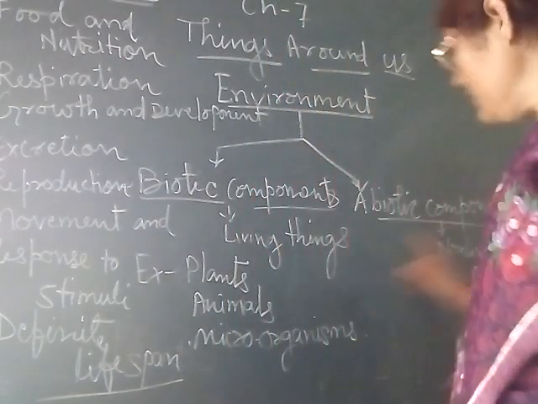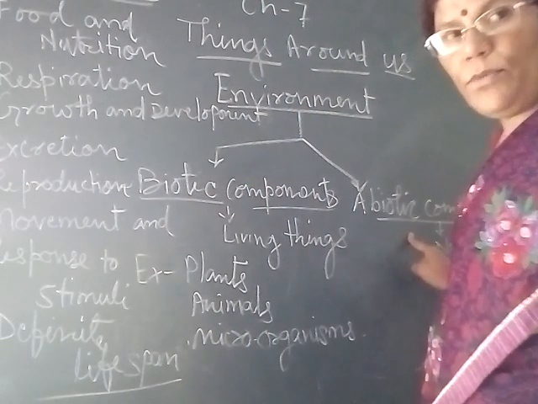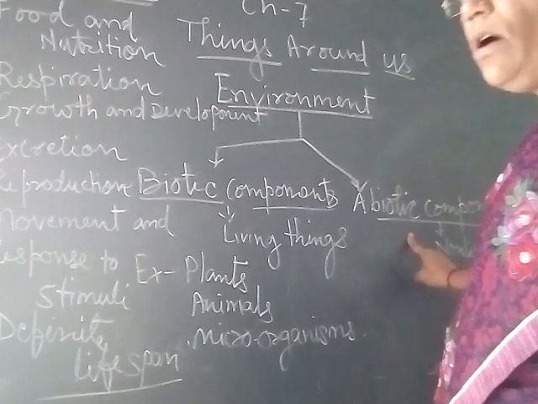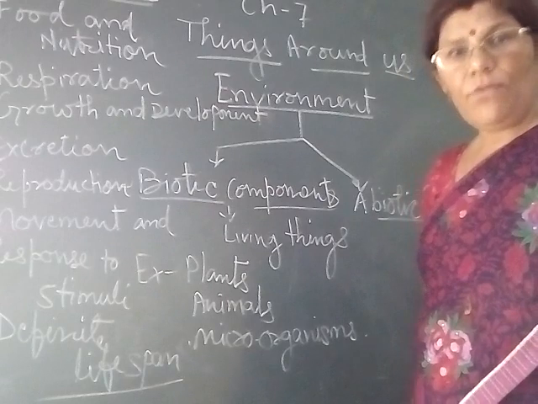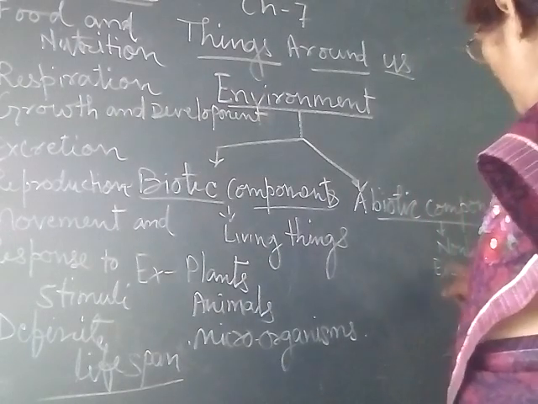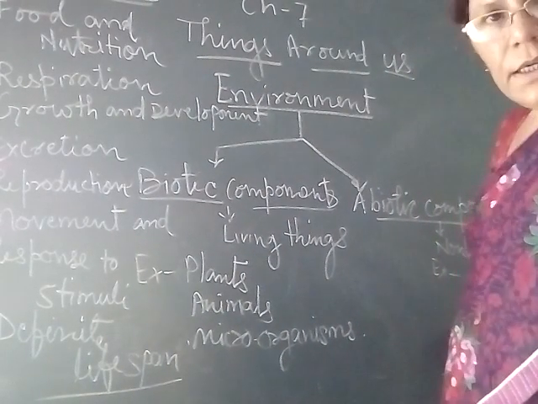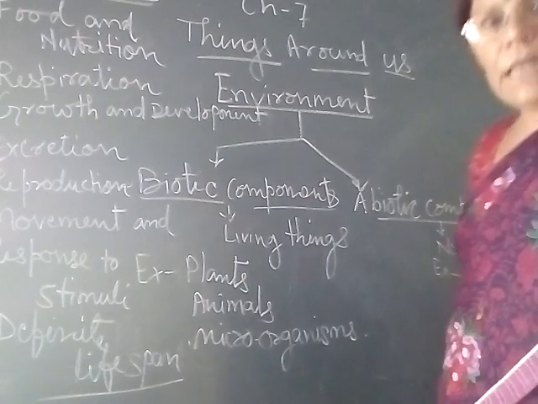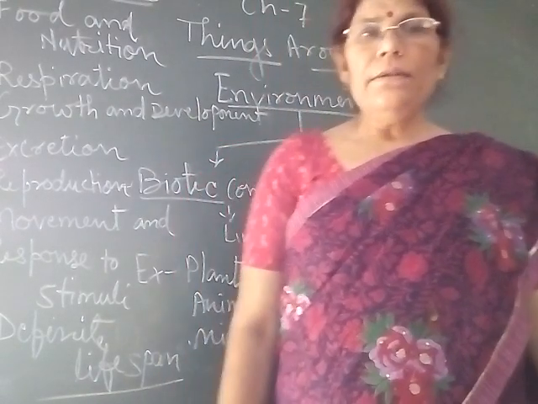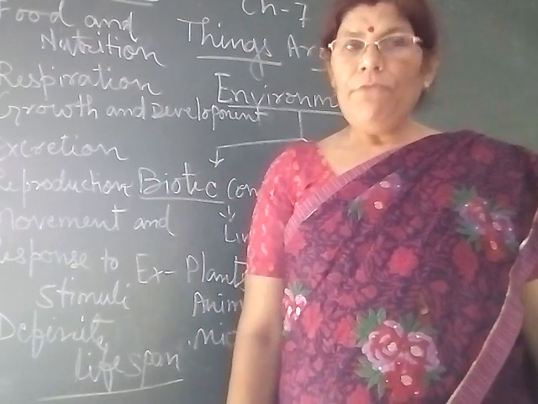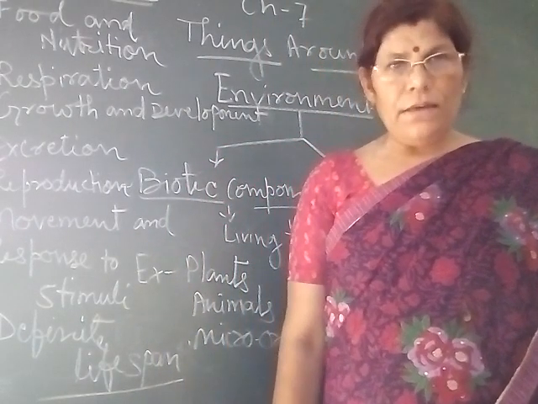Non-living or abiotic components, examples of non-living things present in our surroundings are air, water, soil, sunlight, temperature. All these are non-living things which make our surroundings.